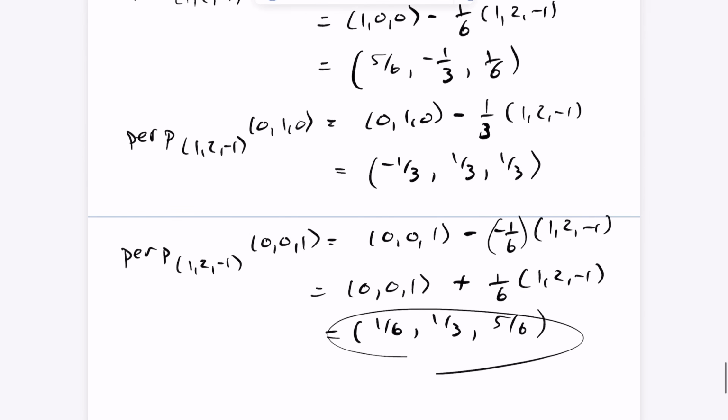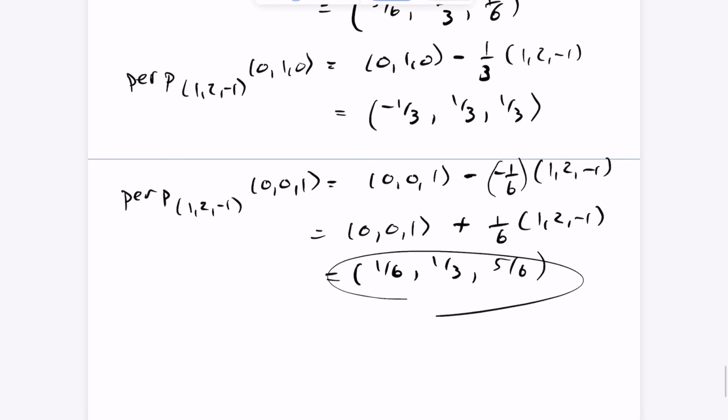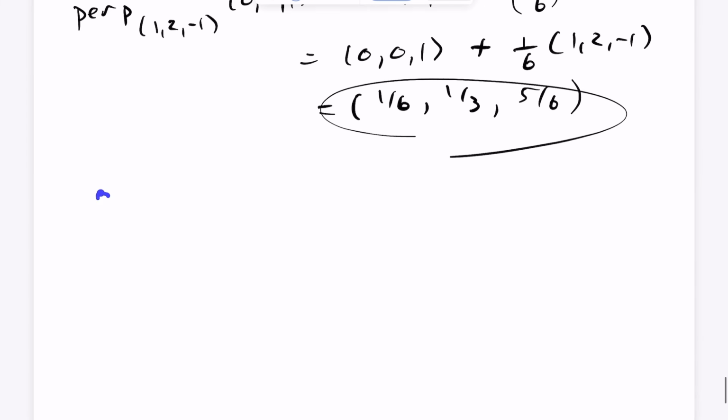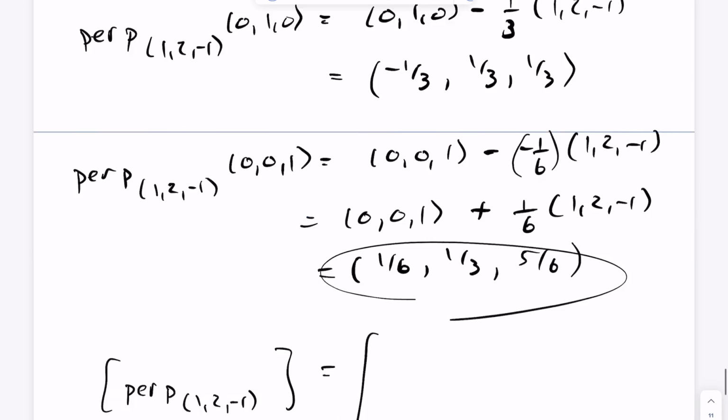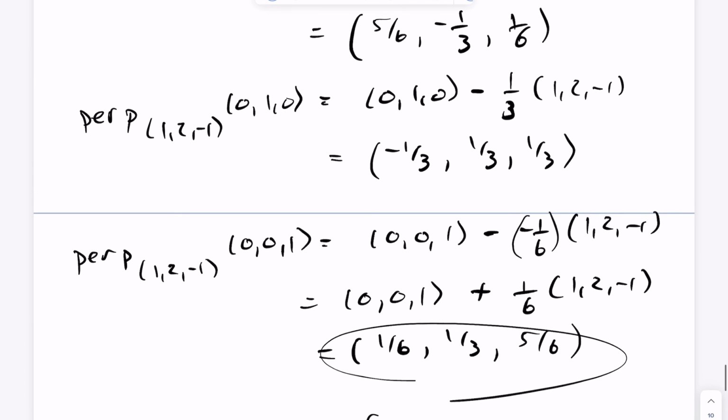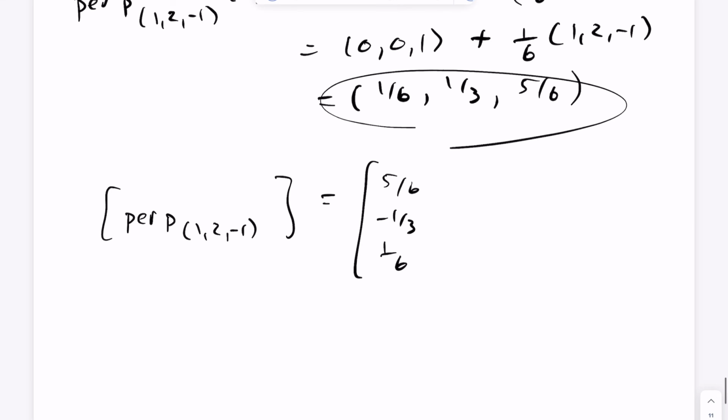So these are the columns again. If I go to calculate my perpendicular matrix here, it's going to be the perpendicular matrix on 1, 2, minus 1, writing this column-wise. I'm going to get 5/6, negative 1/3, and 1/6. And the next one is negative 1/3, 1/3, and 1/3.